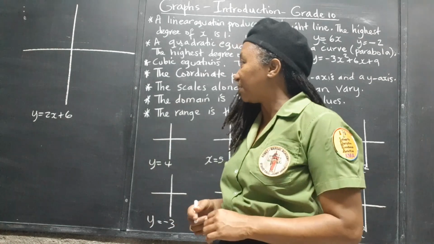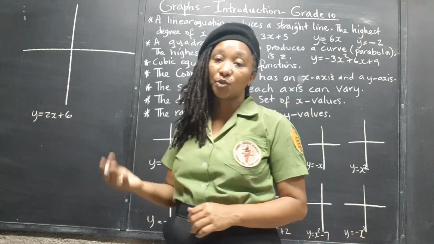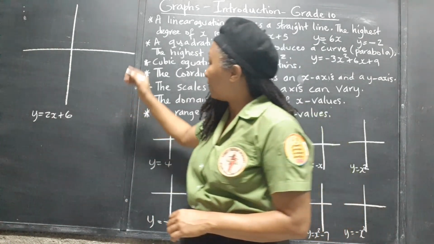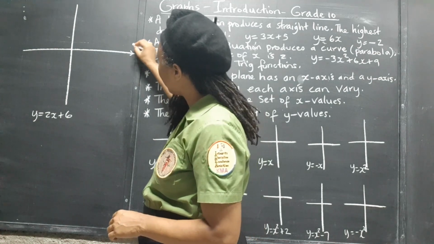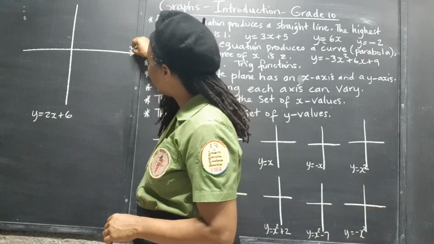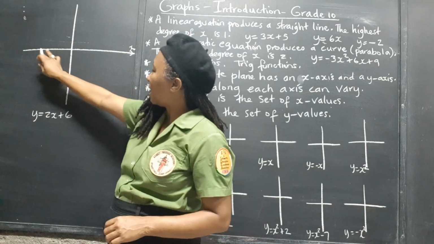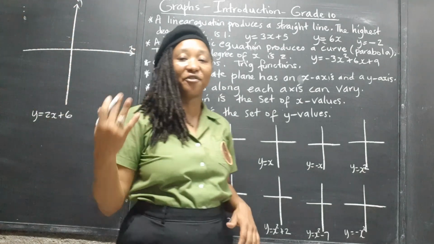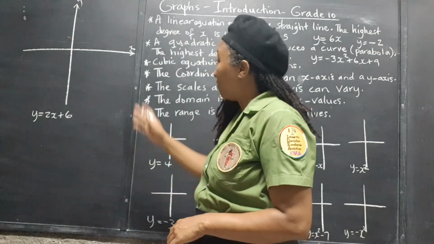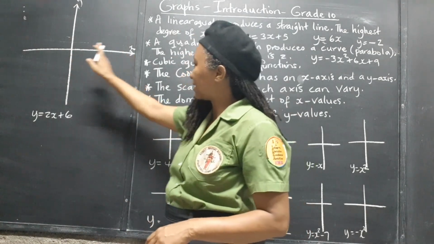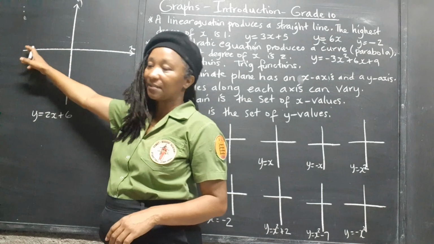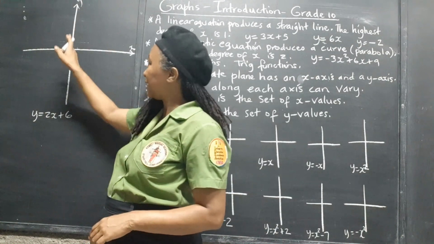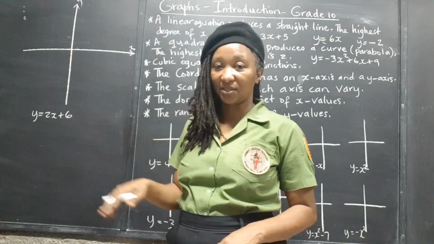So the Cartesian plane has two axes. We have the x-axis, which is the horizontal axis, and we have the y-axis, which is the vertical axis. So we have a positive x-axis, negative x-axis, positive y-axis, negative y-axis, right?